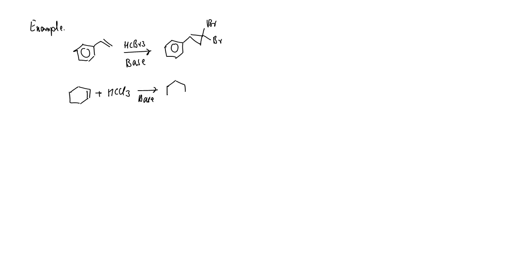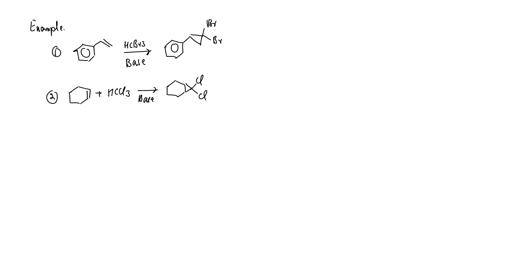We get an interesting bicyclic compound in which a cyclopropane ring has formed, to which two chlorine groups are linked. So in order to understand both example number one and number two, we usually form a carbene in the first instance, and that carbene then ultimately adds to the double bond.